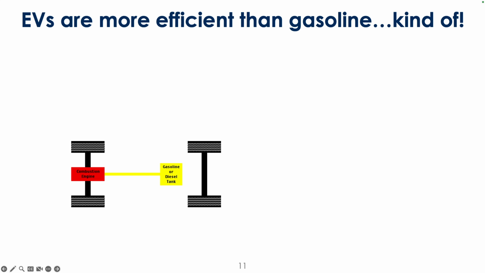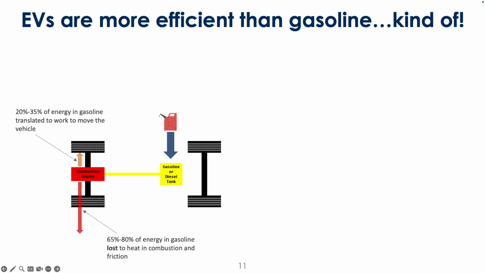This diagram right here is a really simplified diagram of a gas car. We've talked about this. From our combustion engine, about 65 to 80% of the energy in gasoline is lost to heat in combustion and friction, and the rest of that energy goes into moving the actual vehicle.